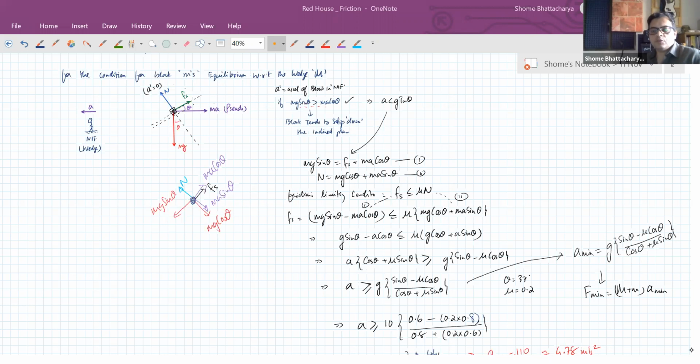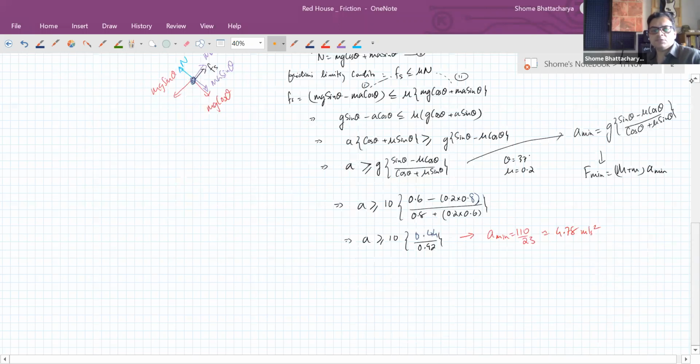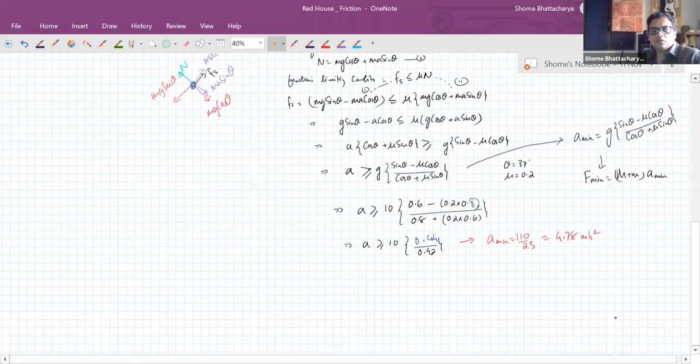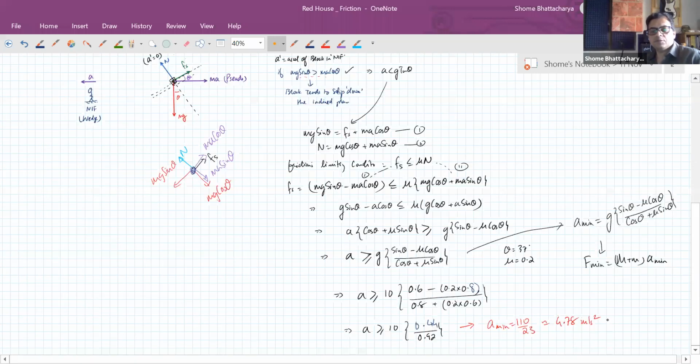Okay, so hope all of you are clear with this explanation and have done up to the calculation of this A minimum. So this will tell us F minimum, and the minimum amount of force will become just 30 kg multiplied by that 4.78.